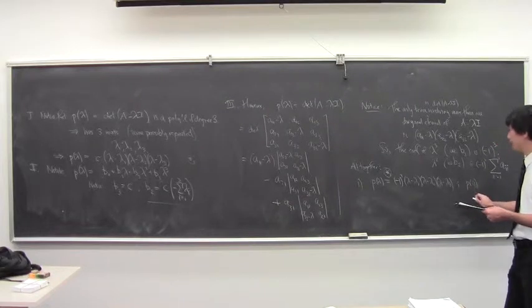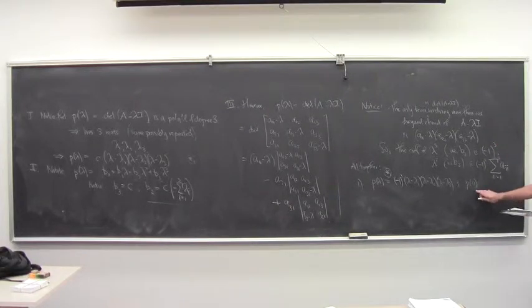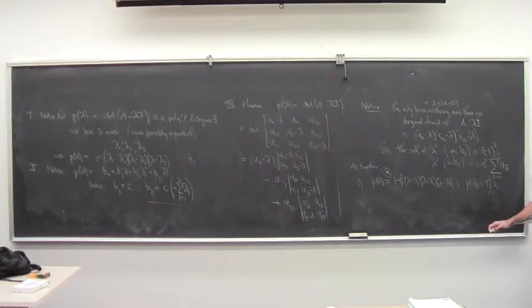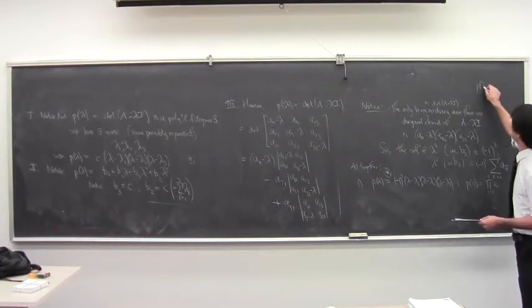P at 0. If we evaluate P at 0, you see what we get. We get the product of the lambda i's, if lambda is 0. But remember what P is.